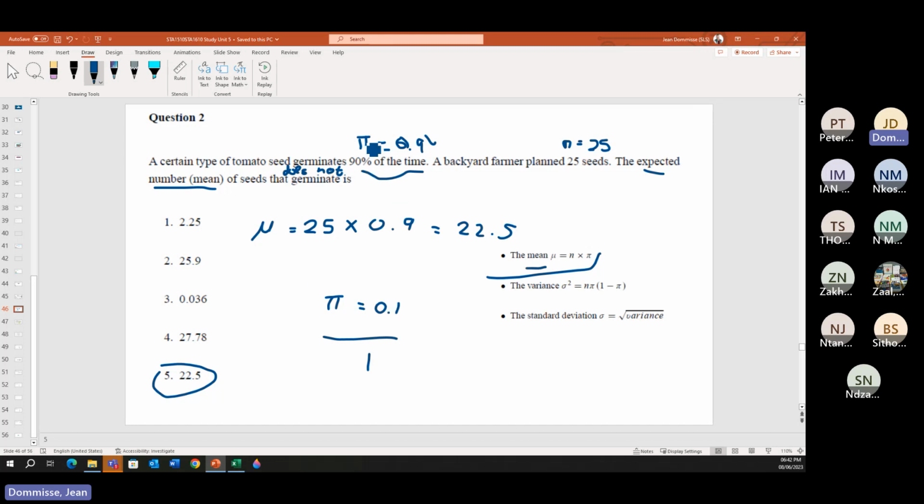So with binomial, always your expected it happening plus not happening will always be equal to 1.